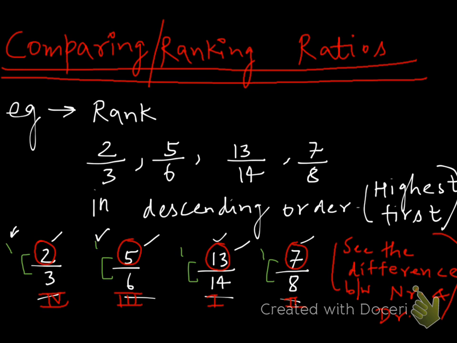What we did was we found the differences between the numerators and denominators and saw that the differences were the same. So we went on to see the numerators, and the greater the numerator, the greater will be the fraction. It was a very easy one. The differences were the same and you won't really encounter many examples using the same differences.